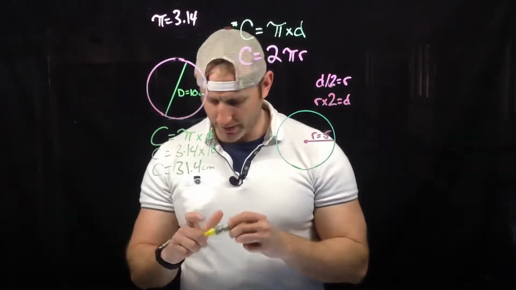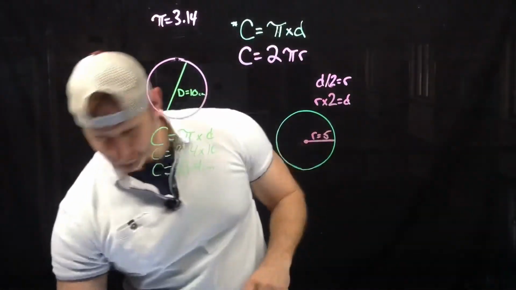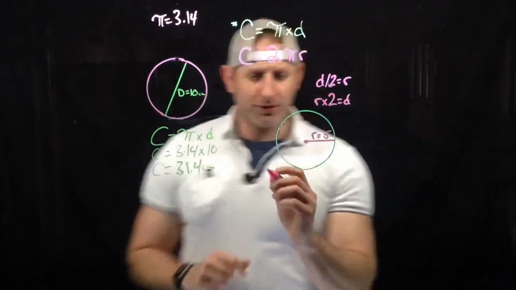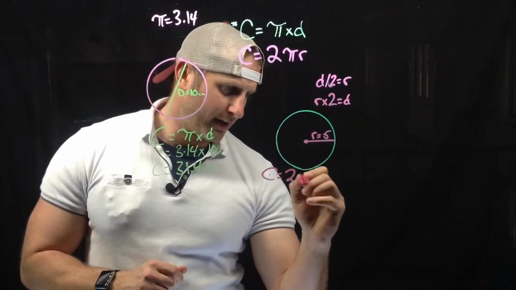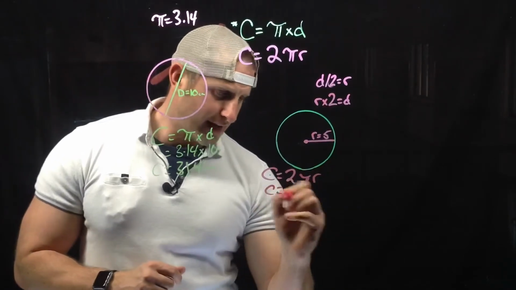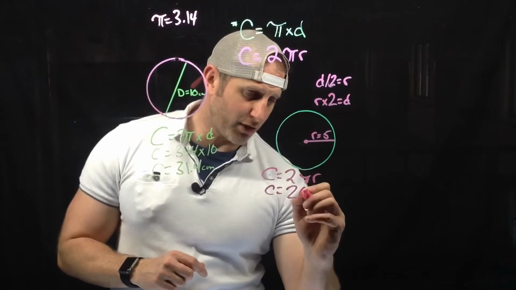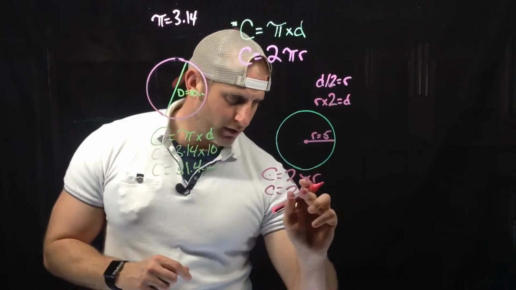That's circumference. Let's switch gears to this guy, 2 times pi times r. If we have c is equal to 2 times pi times r, c is going to be equal to 2, which is not going to change, times pi, which is 3.14. Kind of butchered that writing right there.